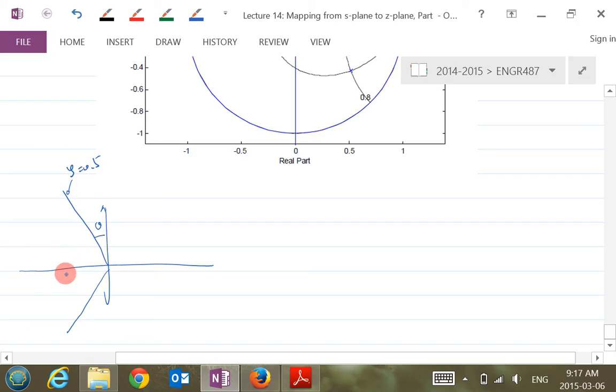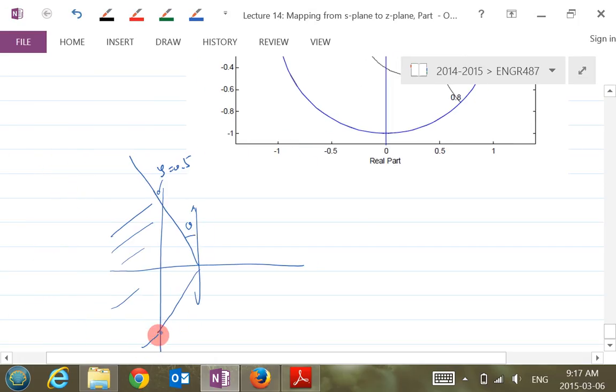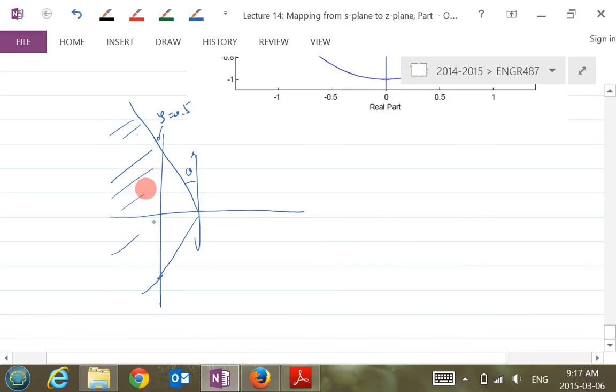And I want my settling time. Settling time is this. I want the settling time to be less than 2 seconds. It's here, right? So you see, if the two conditions are put together, what you're actually looking at is where? Can you see that, right? Okay.